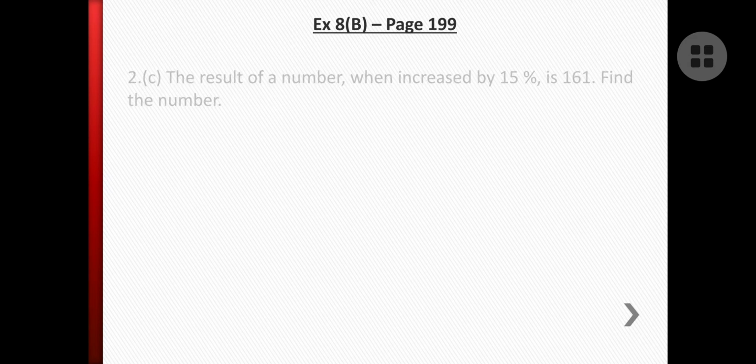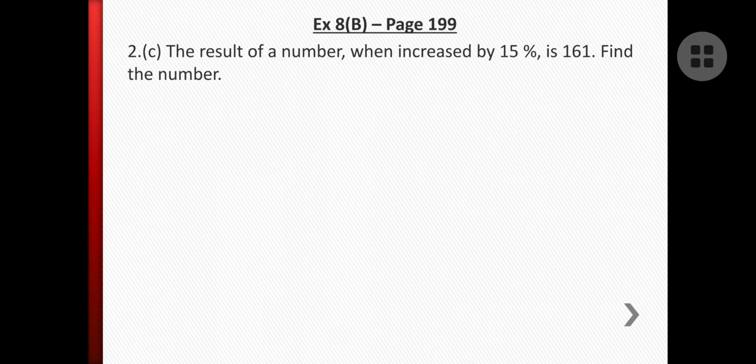Please take out your textbook, page number 199. We did the first question and 3 problems, I think, and the second question, 1 problem. That's all we did, but we have to do more. So we'll continue, starting with the second question, C part. What is the question?